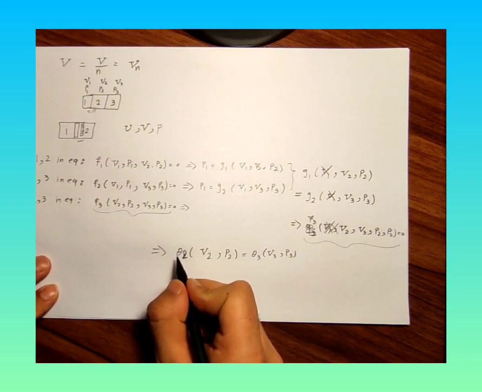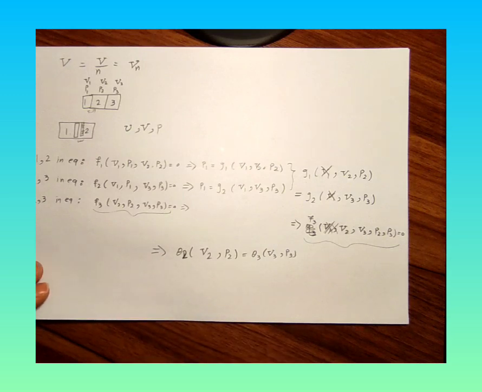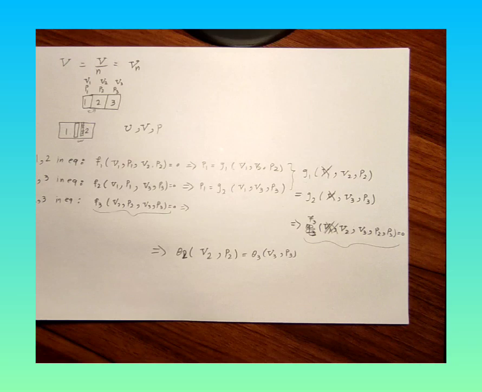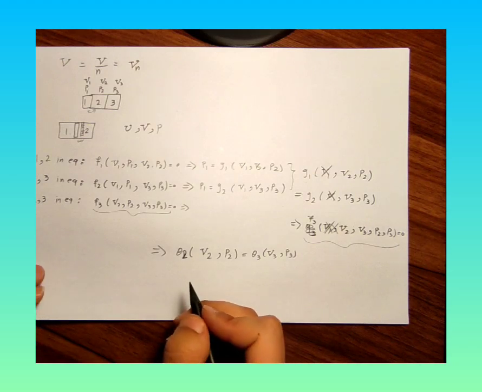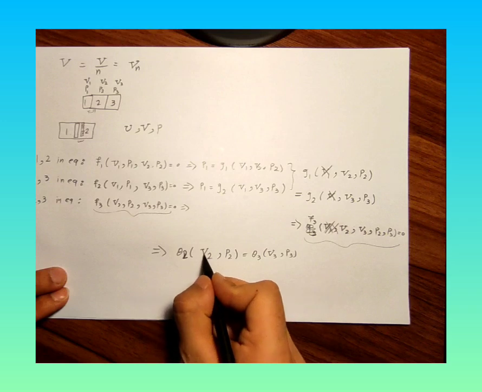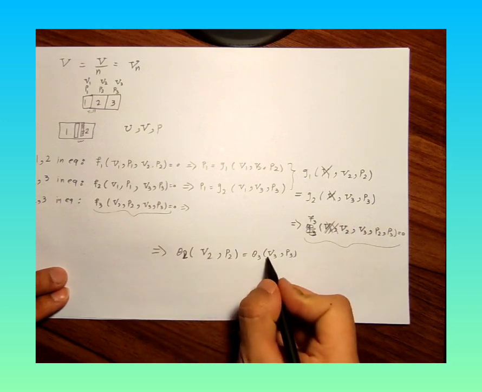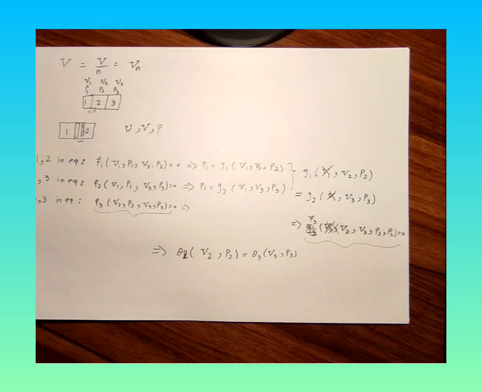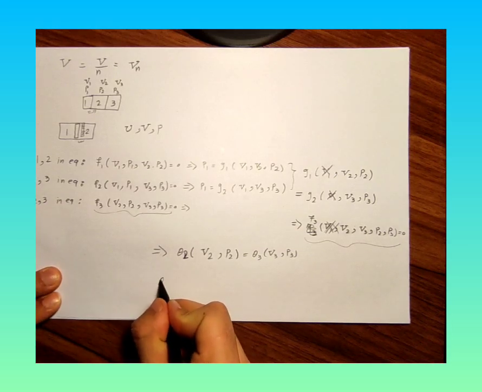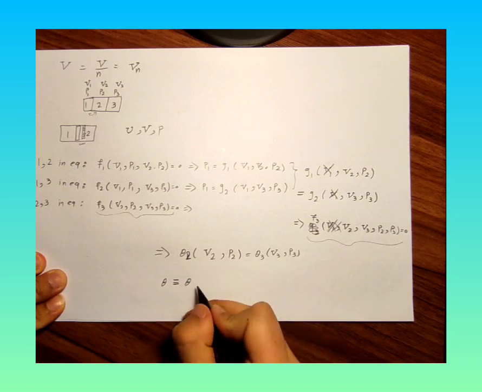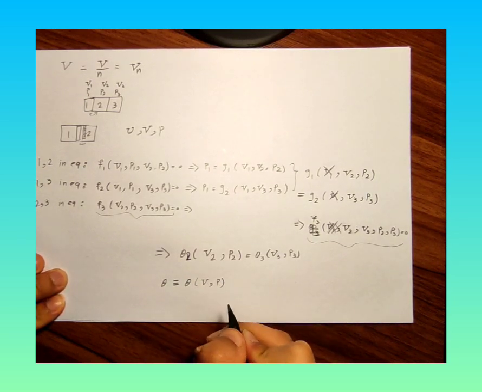This theta is a quantity. It is a function, but the function will have actually an amount in this point, V2 and P2, and these two. So theta is a new quantity. I define it. Theta is a function of V and P in every system.